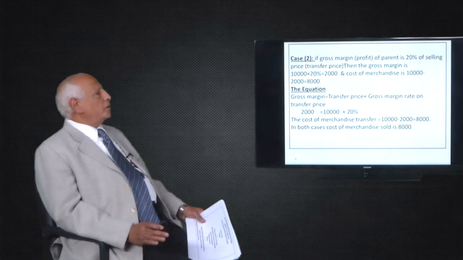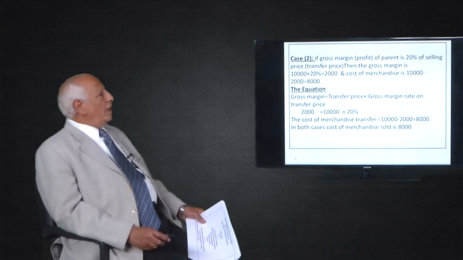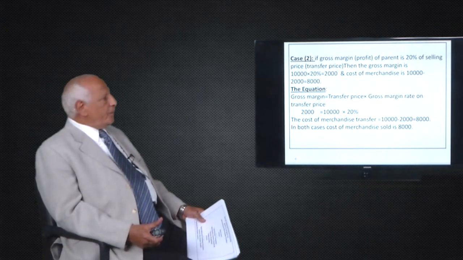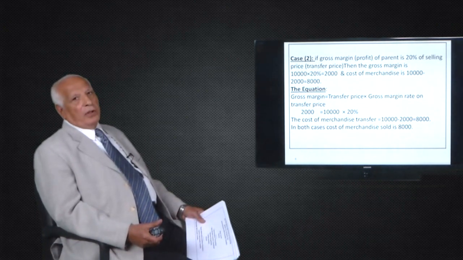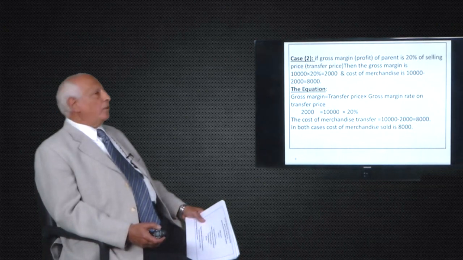That's the gross profit or gross margin. Now you have two numbers, 10,000 and 2,000. If you take the 10,000 selling price minus the 2,000 profit, it gives you 8,000 cost of goods sold, the same number.